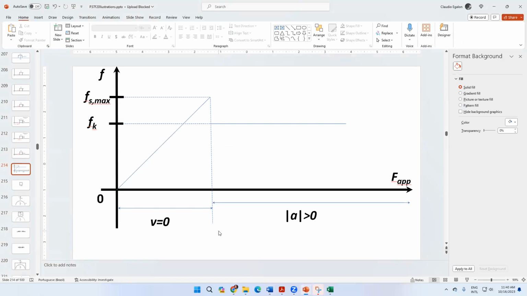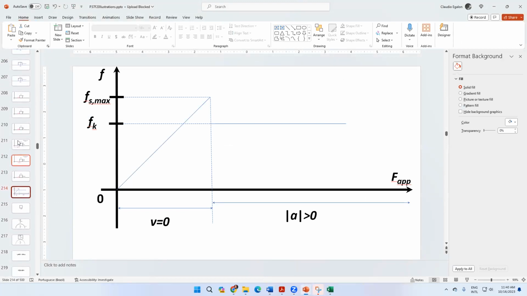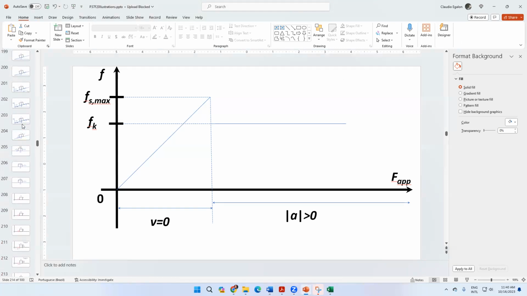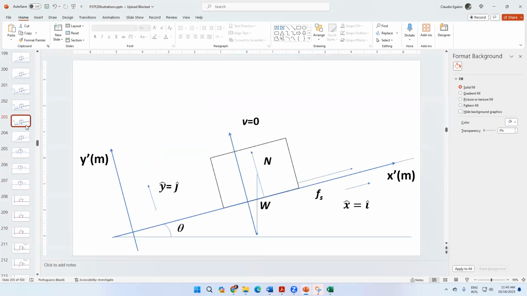We always need to get our drawings in place, otherwise we might not be able to get our result. So here you go. That's the situation. This angle here is 30 degrees.